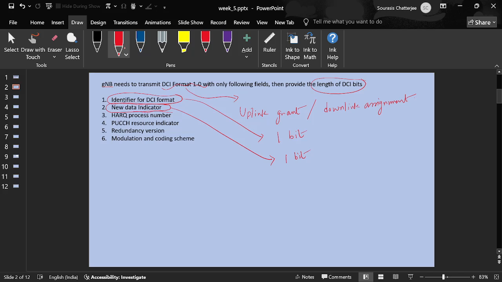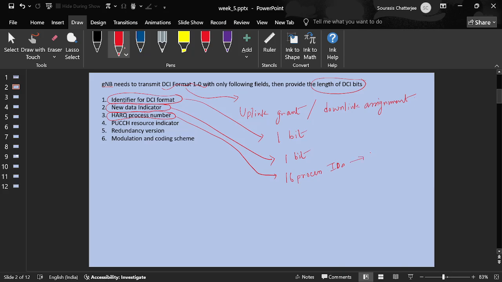Then comes the HARQ process number. Four bits. True, for 5G NR there are 16 HARQ process IDs.